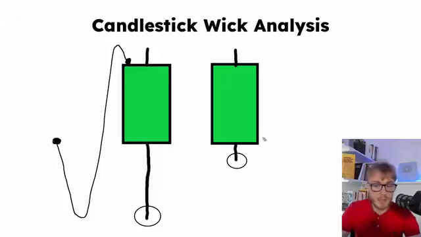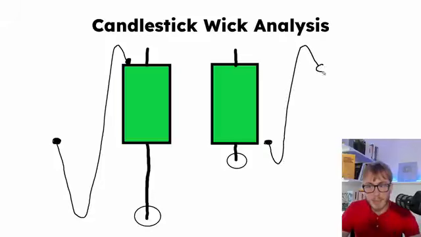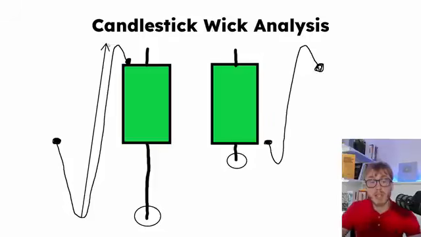But if you take a look at the candle to the right here, we can see that it has a similar start, but during the candle, it went down to this point, it went up to this point, and then it went down. So here for the candlestick to the right, you can see that the move we saw from the low to the high was much longer compared to the move we saw here to the right.